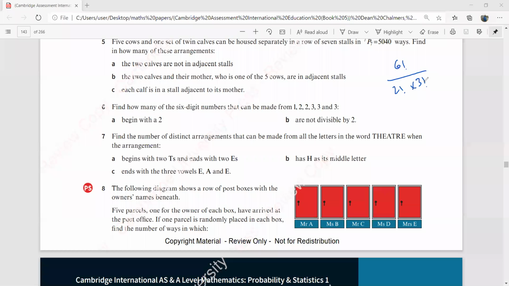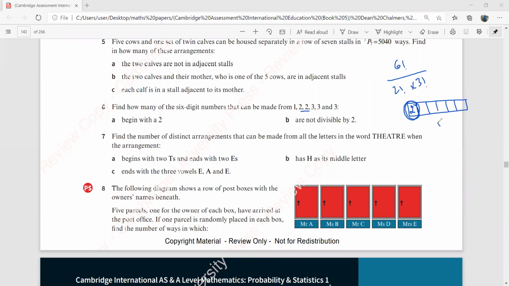Now it says begin with 2. Now there is a condition that you must have a 2 at the beginning. Now this 2 is fixed. Don't say 2P1, because you're going to pick, no, these are just 2 twos. I have picked 1 two over here and I fixed it here. Now, what about these remaining 5 slots here?